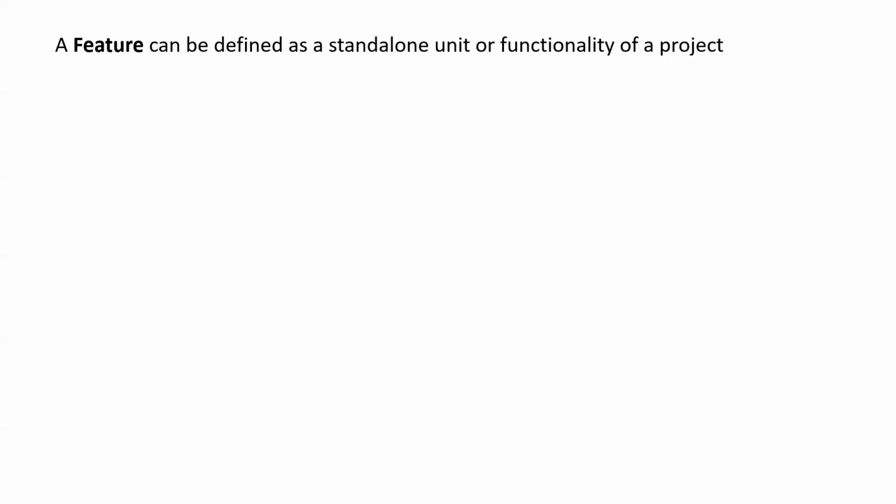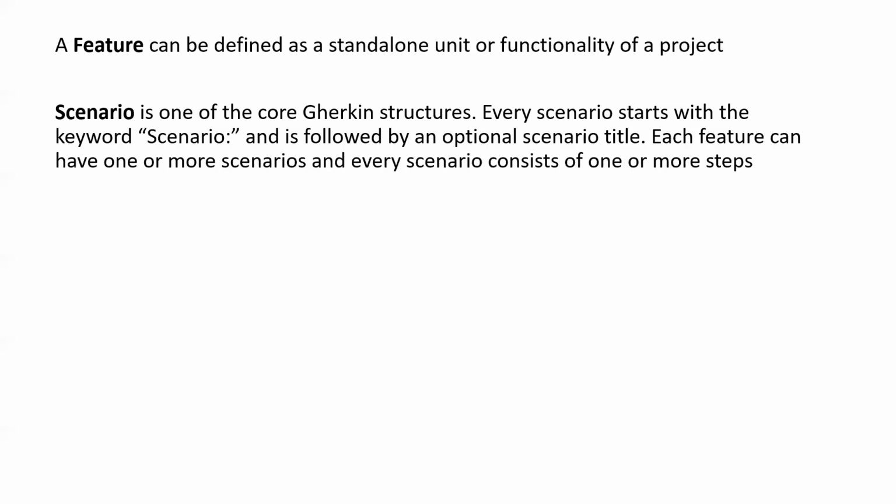What is a scenario? Scenario is one of the core Gherkin structures. Every scenario starts with the keyword Scenario, followed by an optional scenario title. Each feature can have one or more scenarios, and every scenario consists of one or more steps. It means one feature file contains multiple scenarios, and within a scenario we have multiple steps.